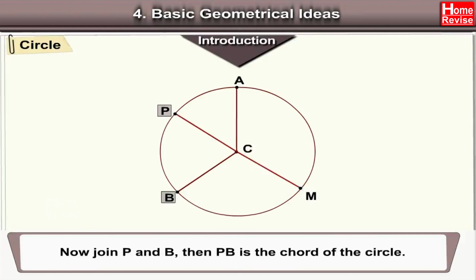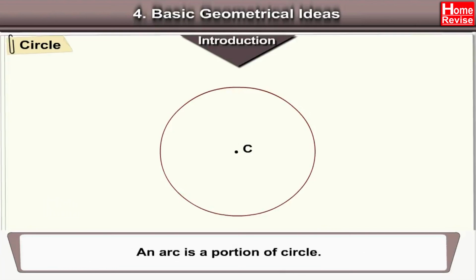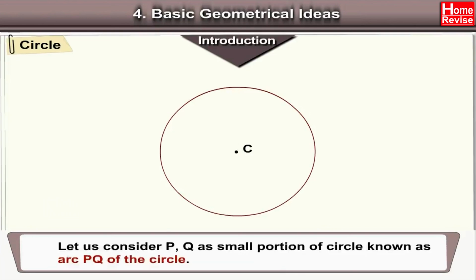Now join P and B, and then PB is the chord of the circle. An arc is a portion of a circle. Let us consider PQ as a small portion of a circle, known as arc PQ of the circle.